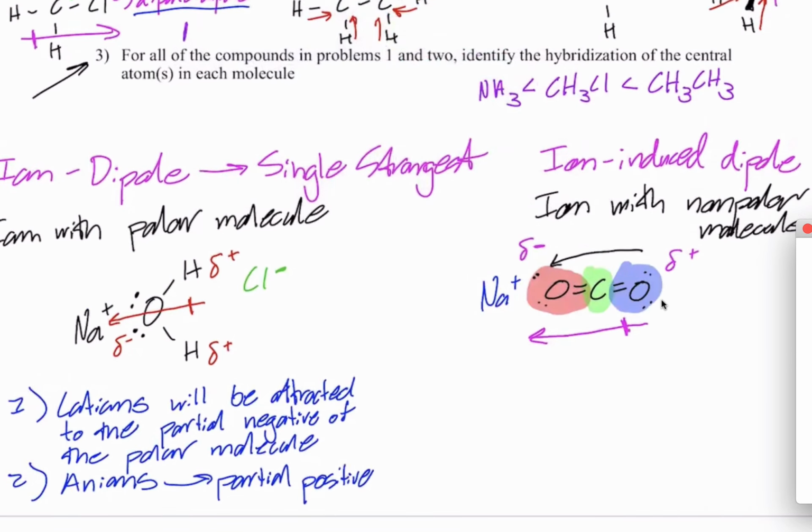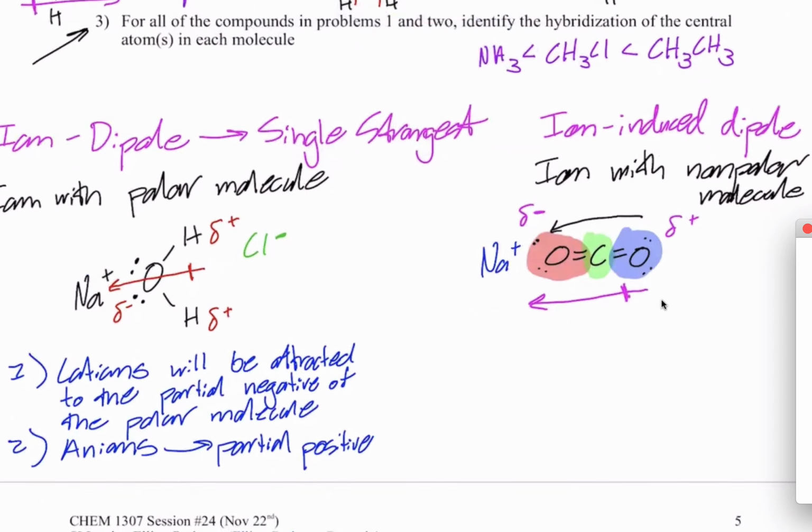So that's ion-induced dipole. Next up we have dipole-induced dipole. This one is going to be a polar molecule paired with a nonpolar molecule.